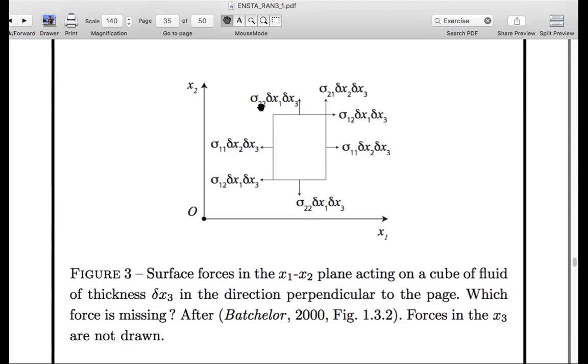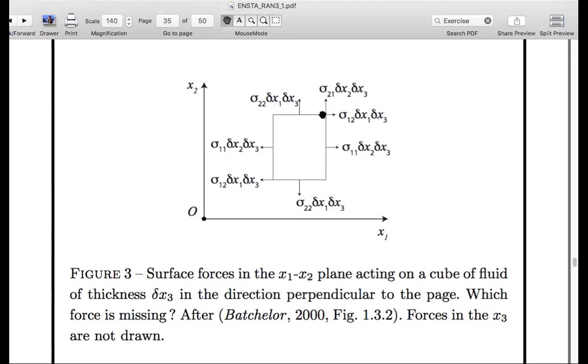So that's sigma 2 2 times, now I have to multiply by the area to get the force. So the area, well, it has a length delta x1 here. And then in the direction we can't see, it has a thickness delta x3. So that's the force in that direction, which I've represented as a little arrow. Okay, hopefully that's clear.